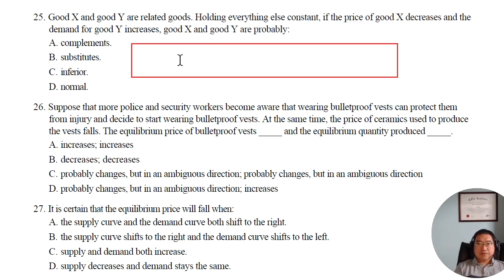So holding everything else equal, the price of x, Px, drops, and then we have what we can consume, right? Quantity demanded for x can increase, and when this happens, because they are related, the demand for y increases.